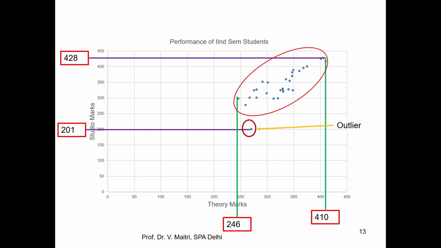And in place of 30 students, if there are 300 students also, still we are able to analyze how the data is focused, how the data is concentrated, where is the concentration of the data. That's how you can present your scatter diagram and help us in understanding the data.